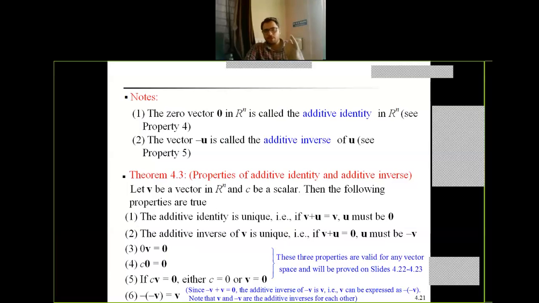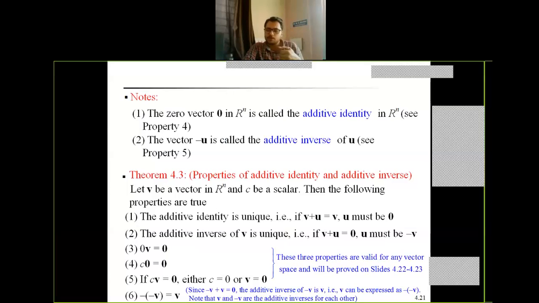If c is any scalar, which can have any value out of all the real numbers, then c can obviously be -1, because -1 exists on the real number line and -1 is a real number. So minus u can be written as -1 into u.